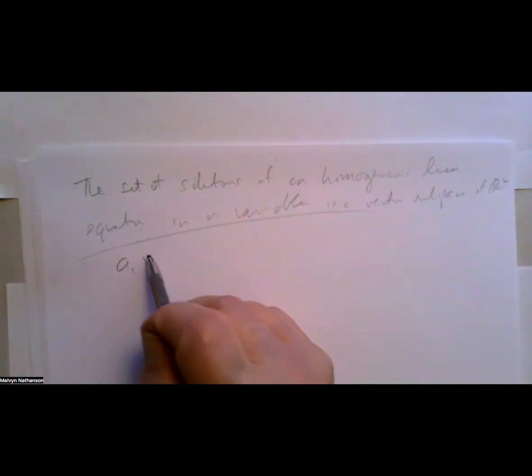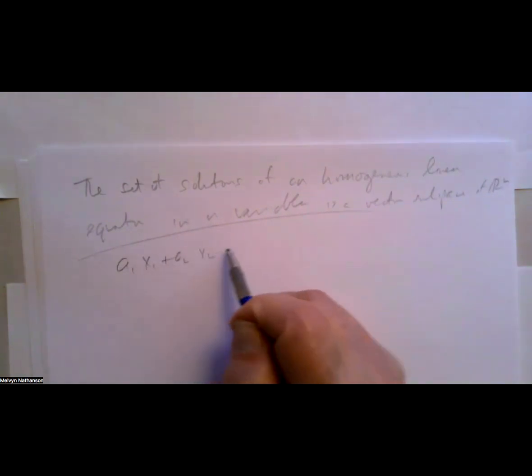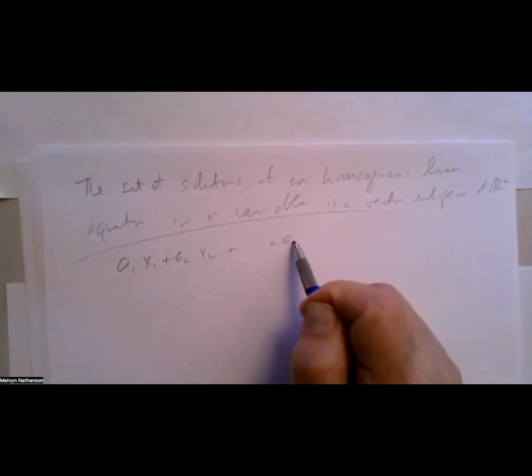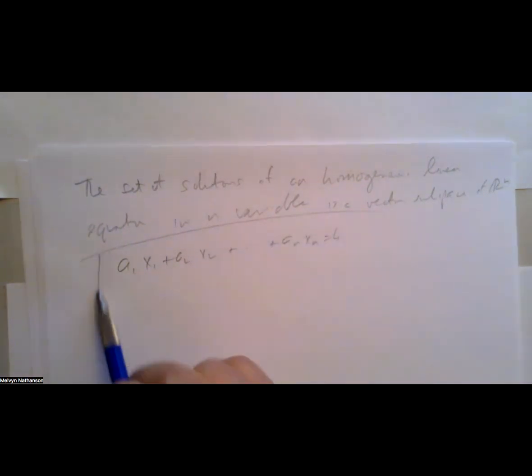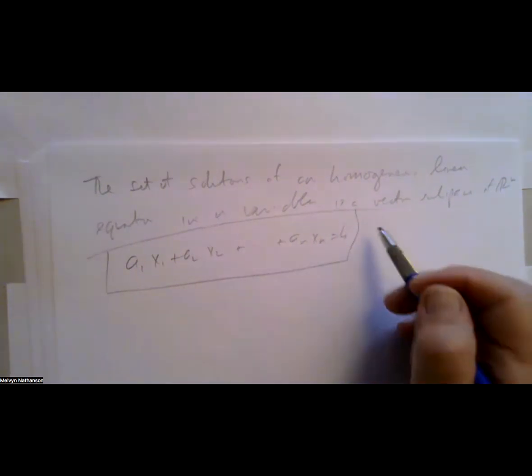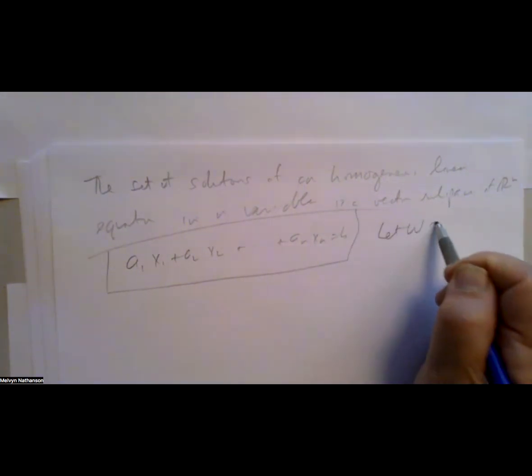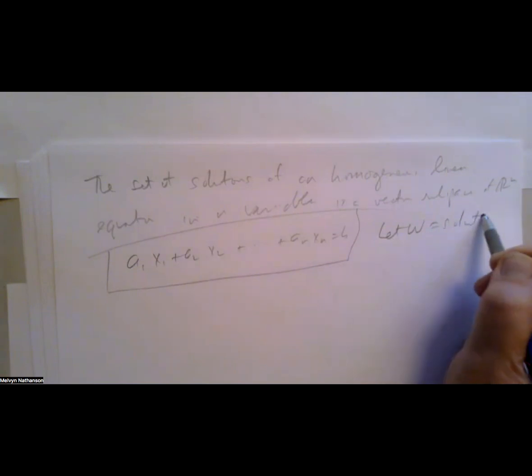So what does our equation look like? It looks like a1 x1 plus a2 x2 dot dot dot plus an xn equals b. And let W be the solution space.